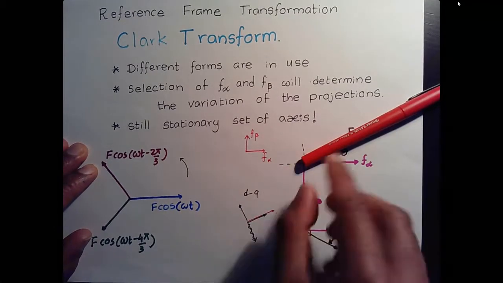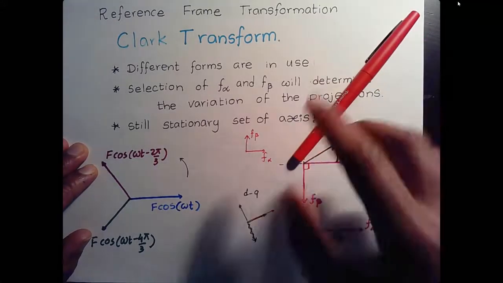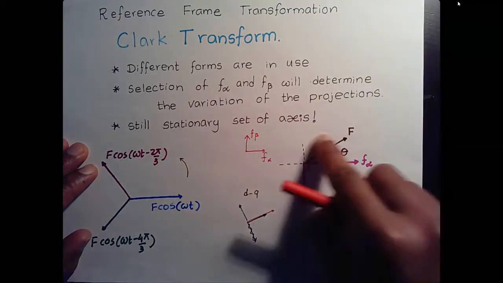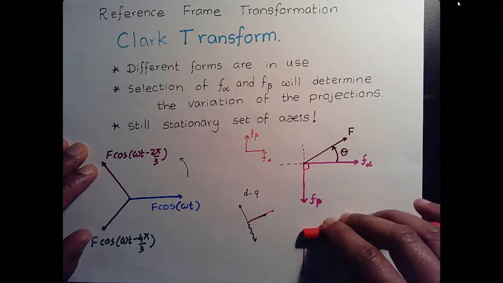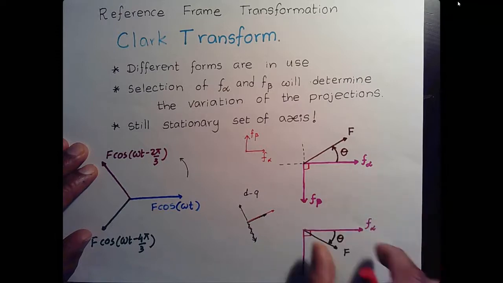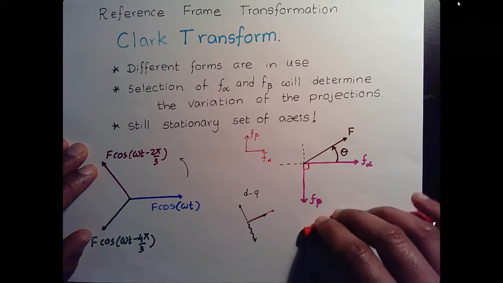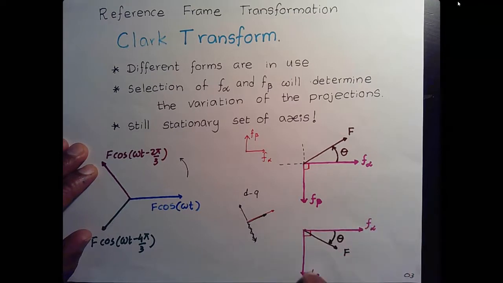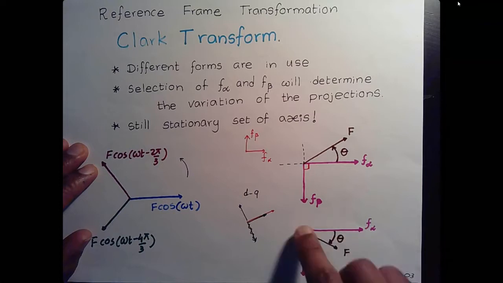Since the vector is rotating in this direction, you have it increasing negatively. And if you think of a clockwise rotation, even though the projection on f alpha reduces as it rotates, the projection on f beta increases positively because it's rotating in the opposite direction. So this is important.